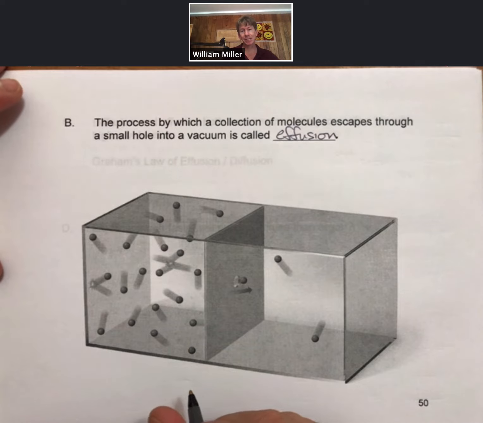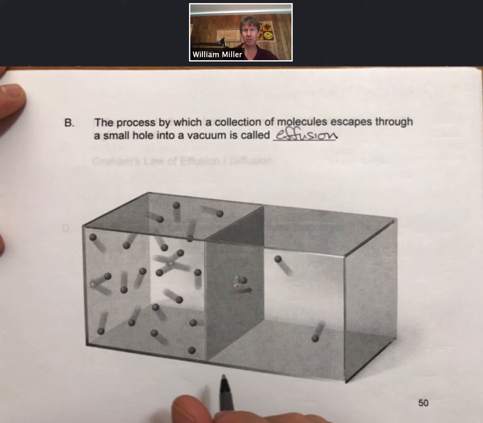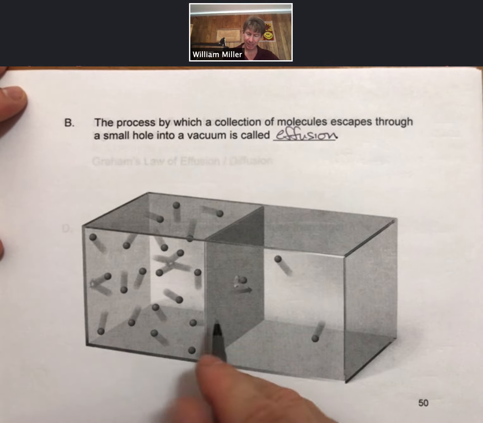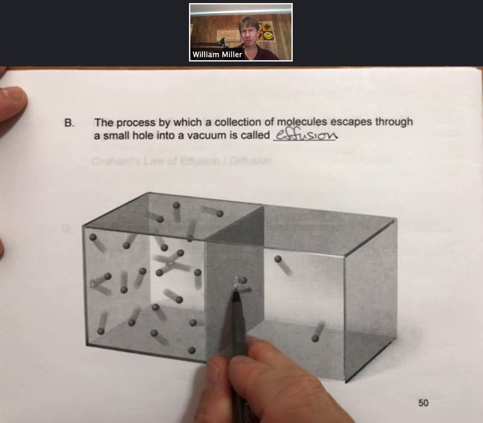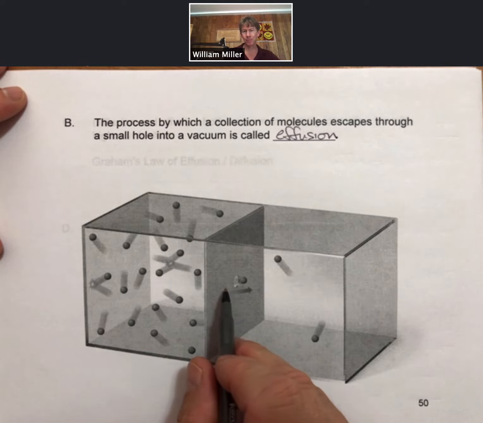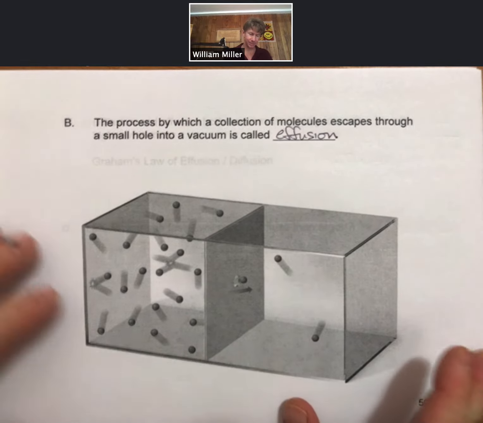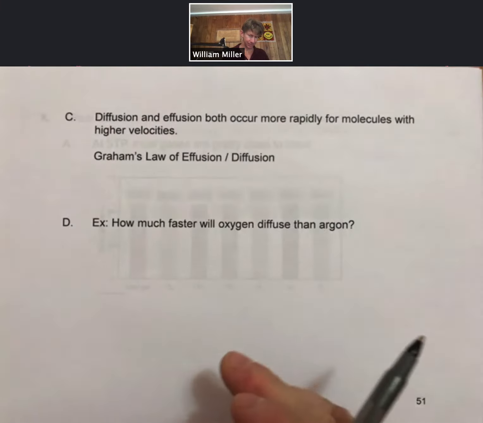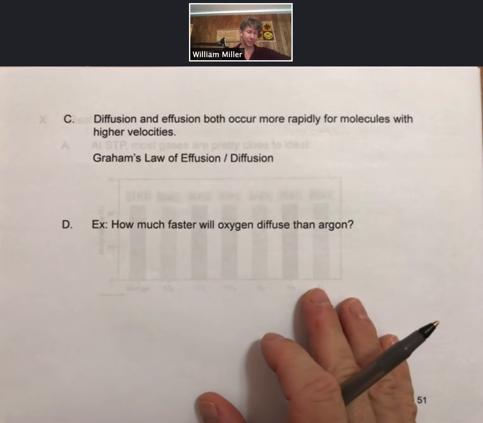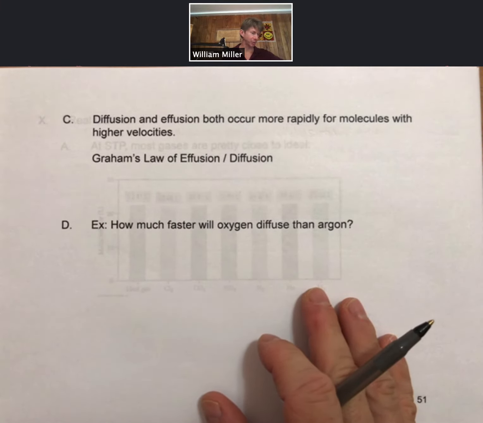In both of these cases, the faster the molecules are moving, the faster the rate of diffusion or effusion. Effusion is just a little easier to do in the lab and control, and therefore that's how things were measured. So diffusion and effusion both occur more rapidly for molecules with higher velocities.